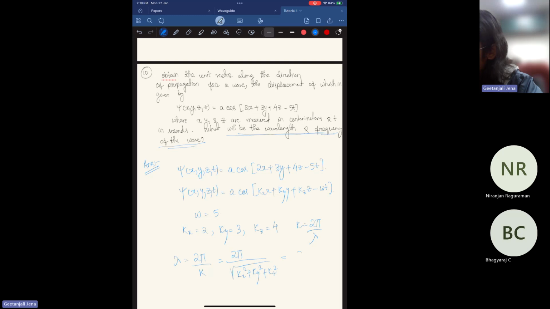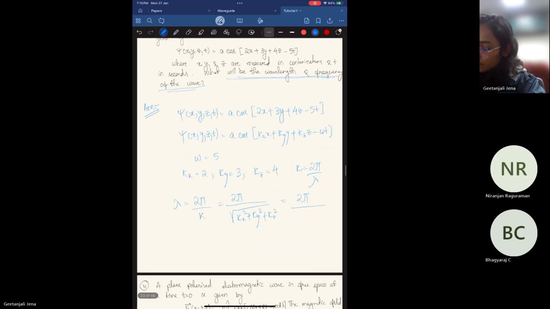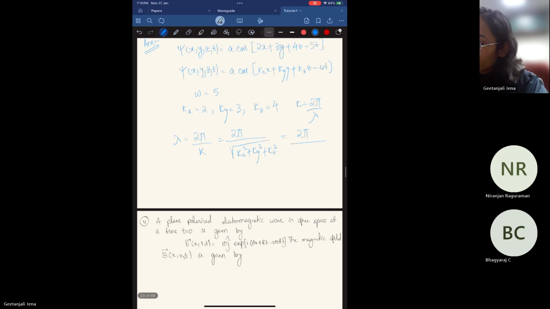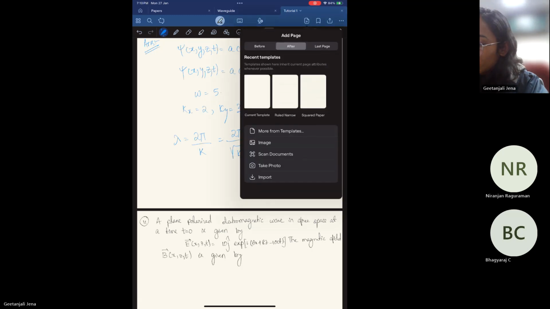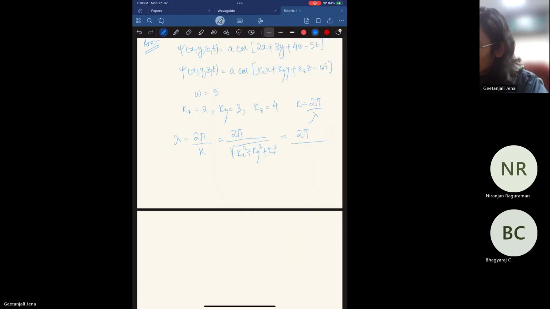And if you calculate it, lambda is 2 pi over the square root of 2 square plus 3 square plus 4 square.